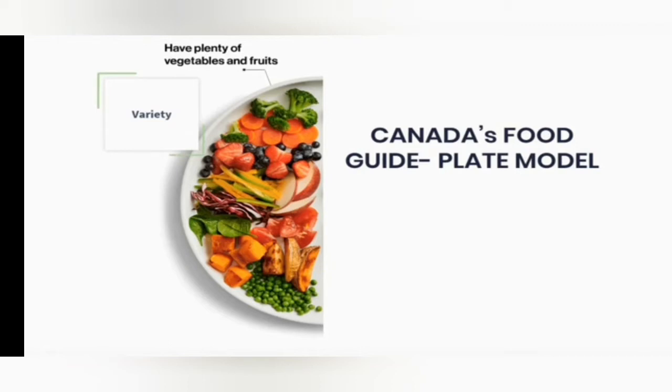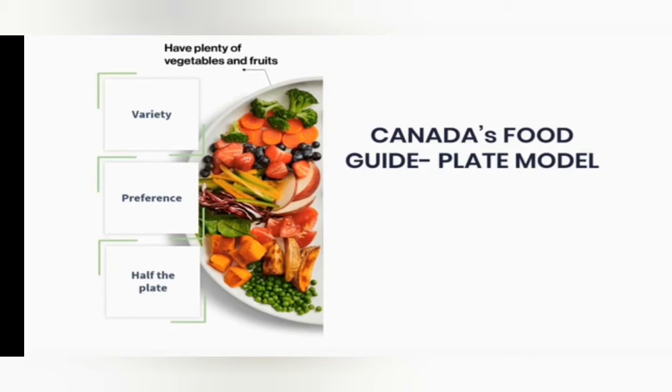There is a variety of vegetables and fruit we can include, whatever we prefer according to our diet plan. Half a plate is filled with these varieties of seasonal fruits and vegetables, and the rest of the plate we will discuss.